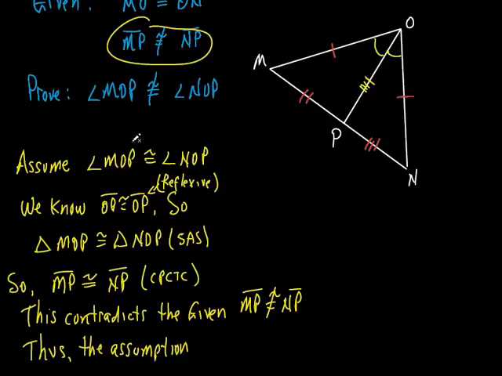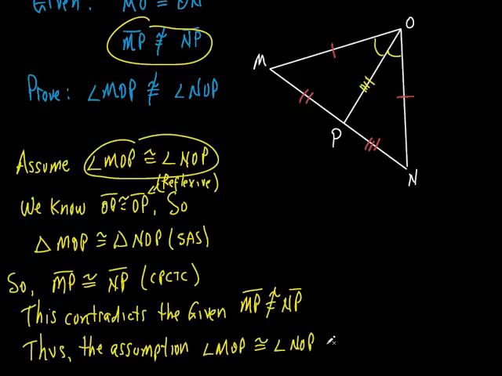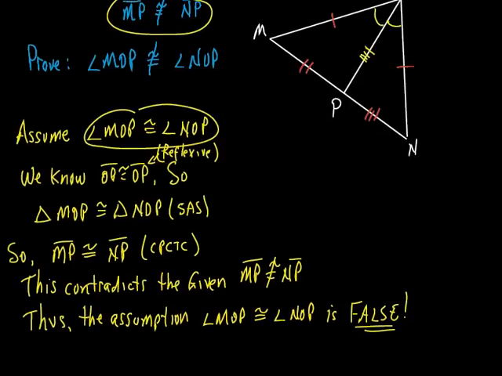The assumption right here. If you want to write it out, you could. The assumption that says angle MOP is equal or congruent to angle NOP is false. Make that real big again, just so I can see where my contradiction is. Even underline it.